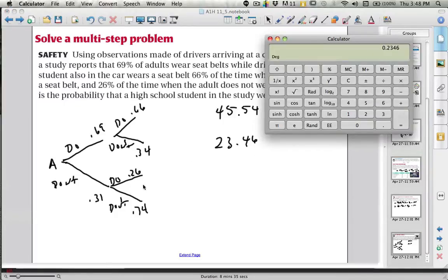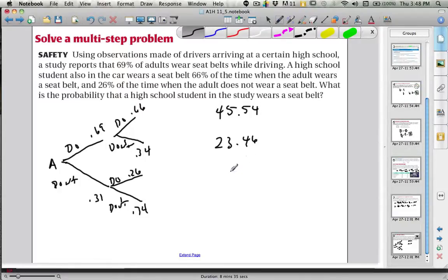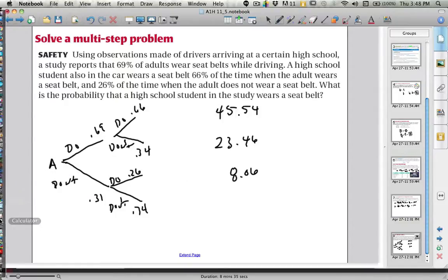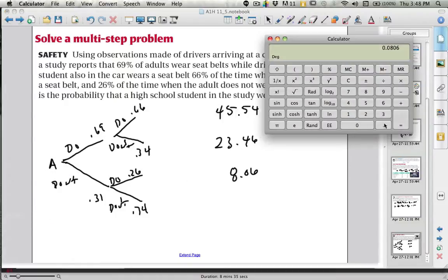If I'm not wearing the seat belt, that's 0.31 times 0.26 is that the student wears when the adult doesn't. That's 8.06%. And now neither person wearing the seatbelt, 22.94.